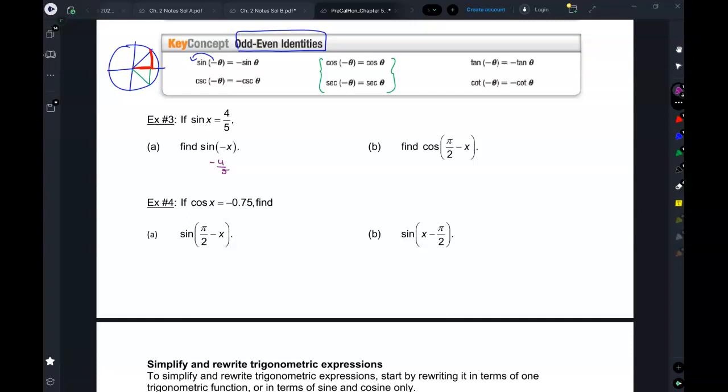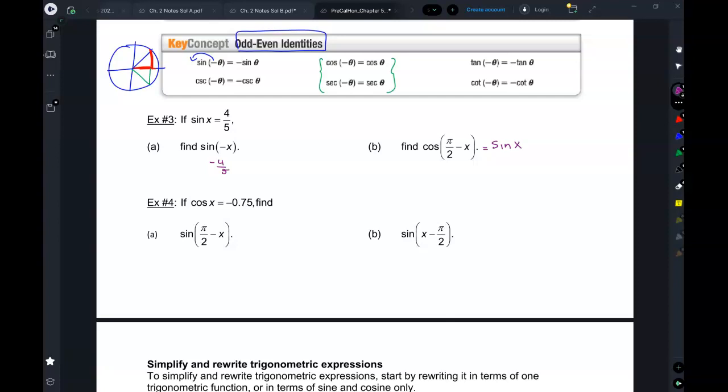Now I have cosine of pi over 2 minus x. What is that? Well, what's cosine of pi over 2 minus an angle? It's sine of the angle.